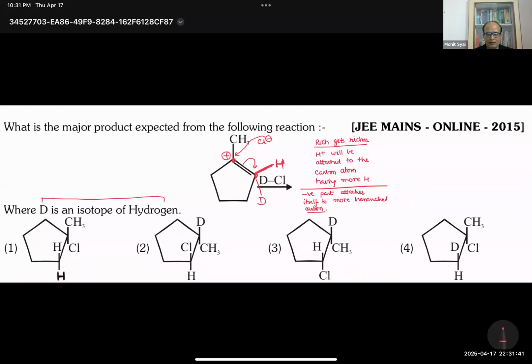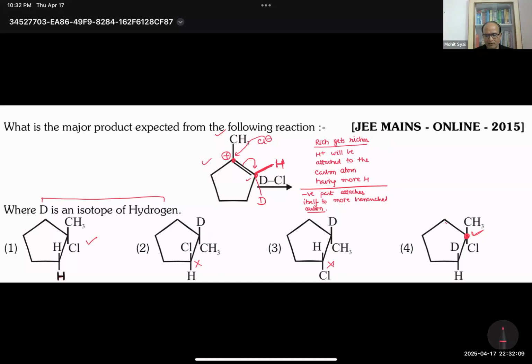First, you should check whether the Cl is connected to the more branched carbon. In this case, this is wrong. This is also wrong. This is as per what we are thinking. The Cl is being attached to the more branched carbon, but there are more carbons on three sides.